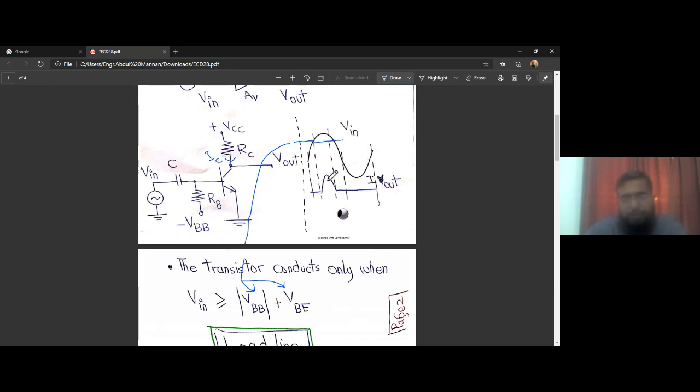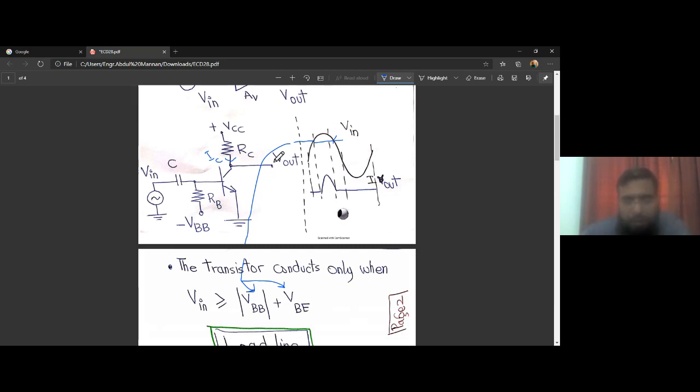The magnitude of this current is non-zero only when the input voltage crosses the magnitude of VBB plus VBE, and when the input voltage drops below this threshold, the transistor stops conducting, and we again have zero output. I out is 0. And of course, if I out is 0, we get the full VCC at the output.